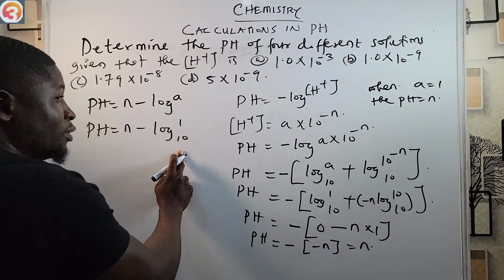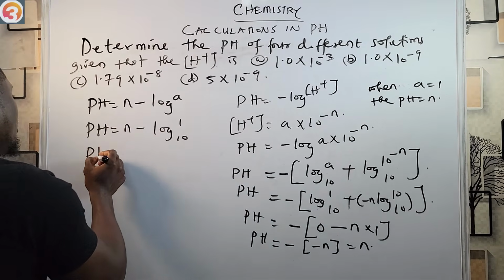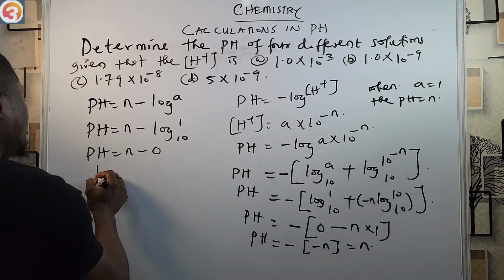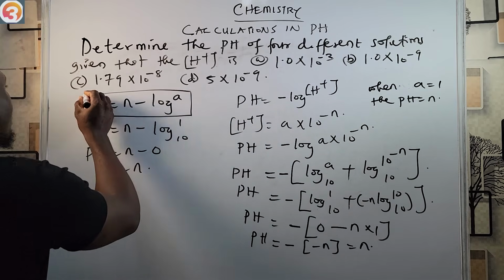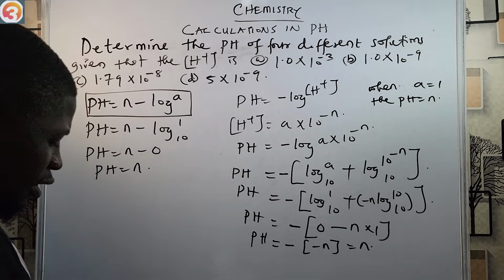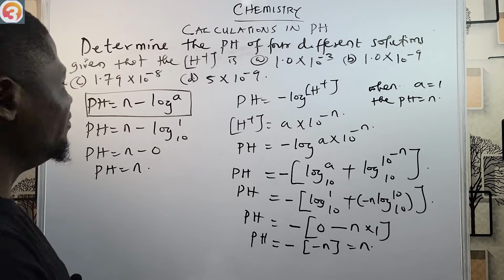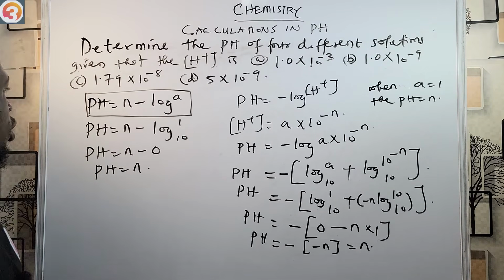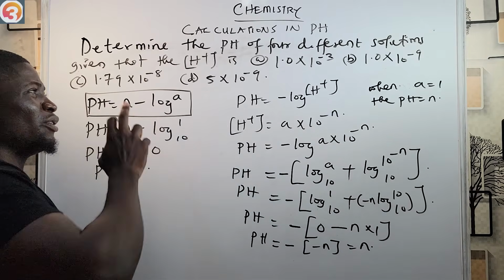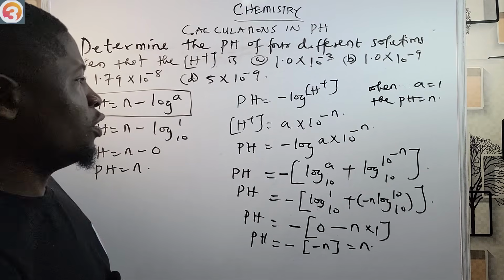The logarithm of 1 to any base is 0, so pH is equal to n minus 0, and pH is equal to n. So this formula is valid for solving questions in pH. That formula is very valid anywhere in the world. So we're going to keep this to heart, and I'm going to use it to solve a number of questions.